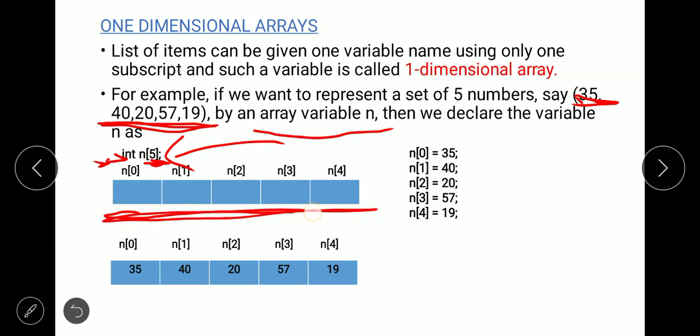So this is the memory representation of these elements. See, n of 0, n of 1, n of 2. What is this 0? This 0 is called the subscript or index. 0, 1 inside the square bracket, n of 2, n of 3, n of 4.